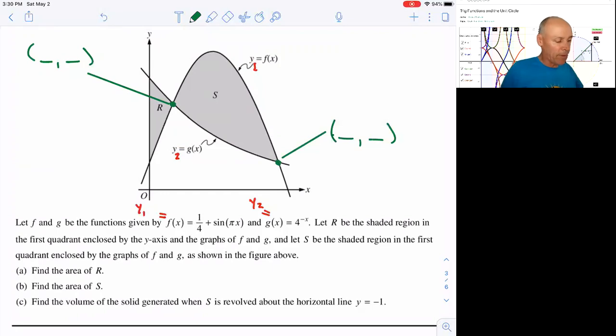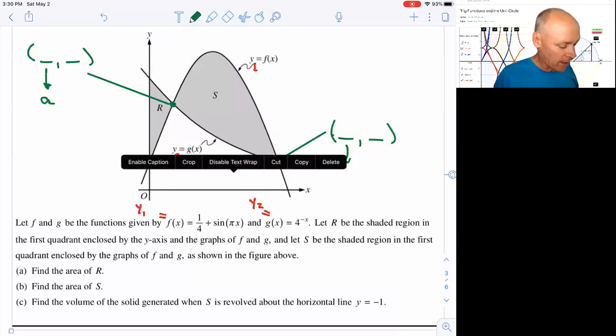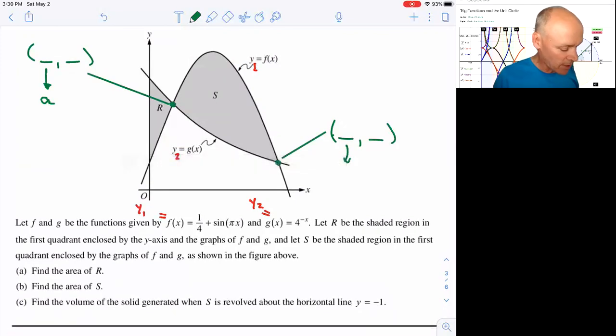It looks to me like all I'm going to care about is the x-coordinate of those two points of intersection. So I'm going to find the one on the left first, and whatever x value that turns out to be, I'm going to store that in my calculator as lowercase a. And then for this one, I'm going to store that as lowercase b. Again, just storing those values in my calculator.